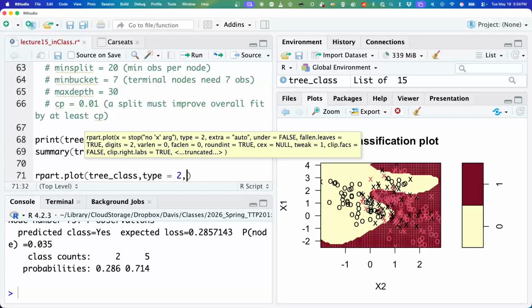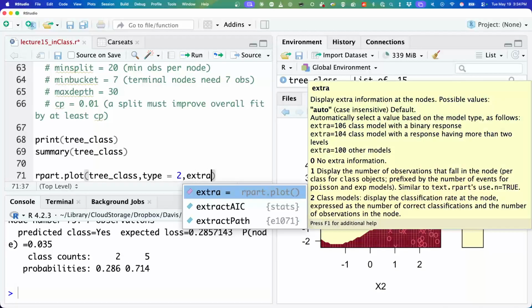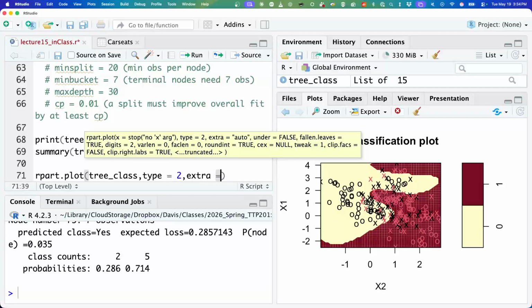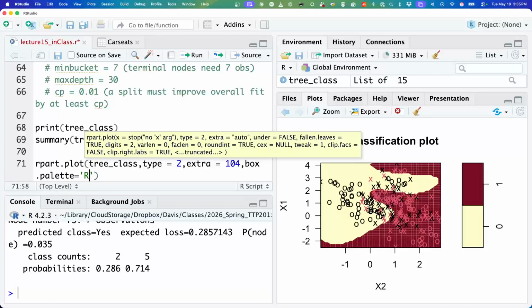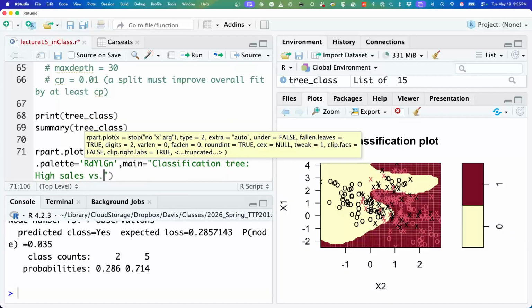So type equals 2 splits the labels below the node. I'm going to do extra equals 104. This shows the class probabilities and the percentage of your total observations in a particular node. And then box palette, this is just for colors. Red, yellow, green. And then we can have a title, classification tree, high sales versus not.